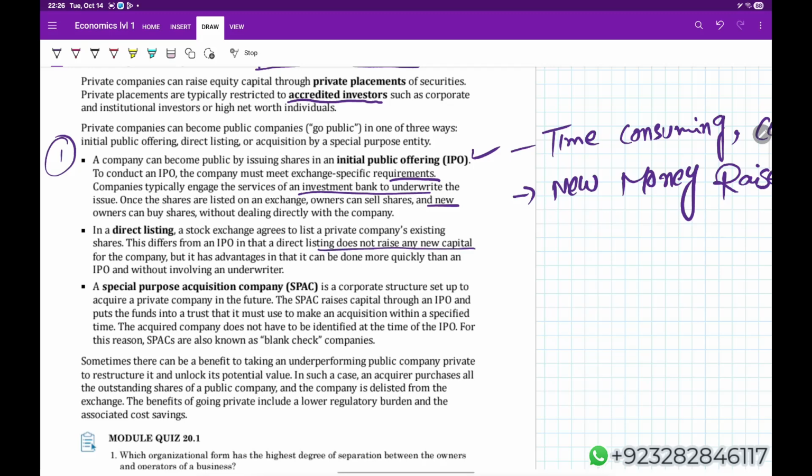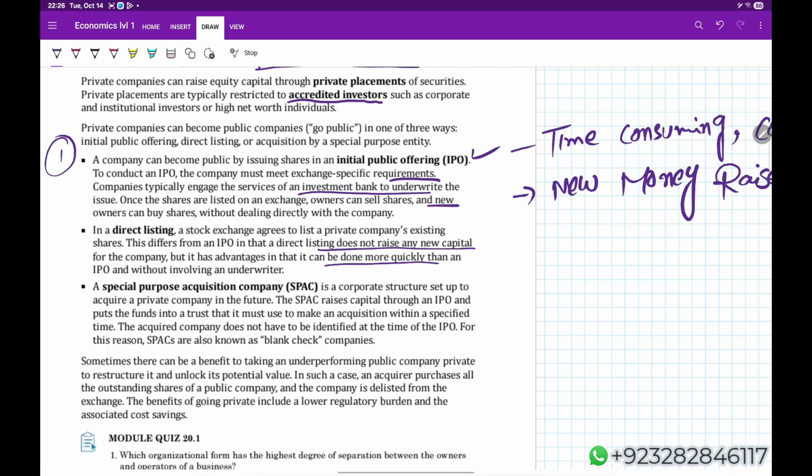From the perspective of method, because we are discussing the ways through which a private company can become a public company, this is a quick method when we compare it with the IPO. It is less costly. Why? Because the investment bank is not involved, and there are no road shows.